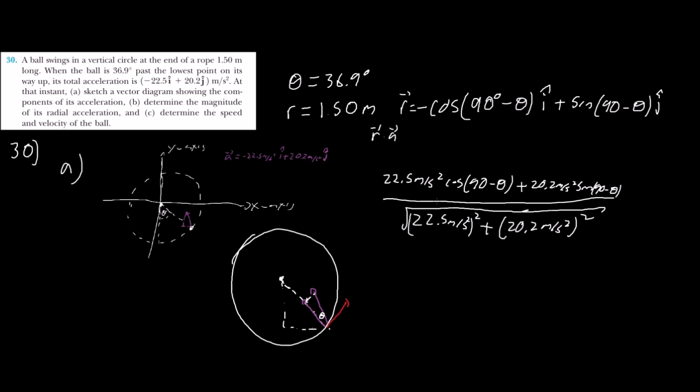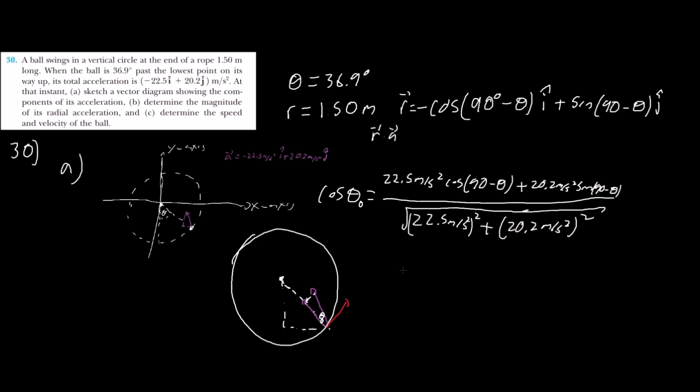So I'm going to store this into theta. And remember, folks, cos of theta is going to be equal to... oh, that's a different theta. I'm going to call that theta naught. This is theta right here; this is going to be different.